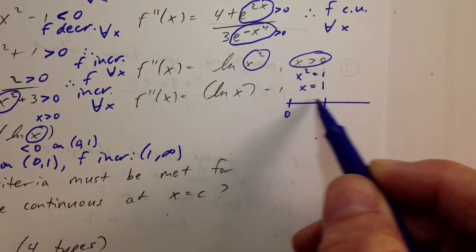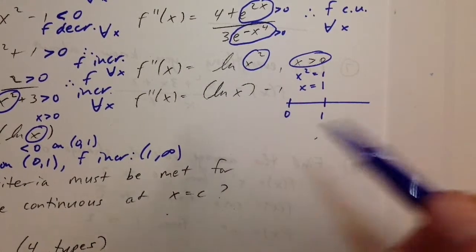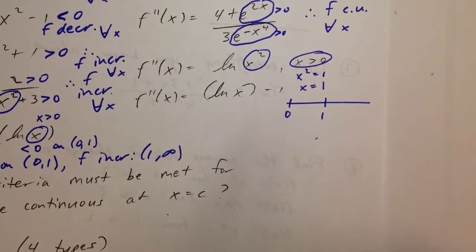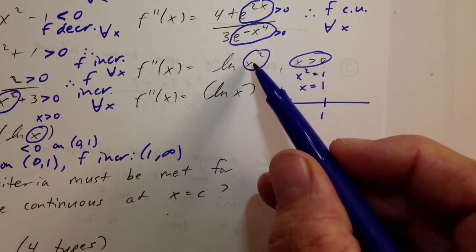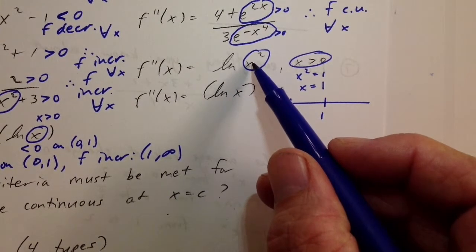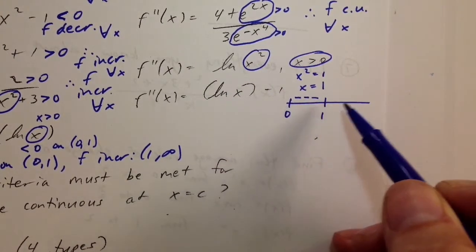If x is between 0 and 1, and I square that number, any fraction squared, like 1/2 squared is 1/4, 3/4 squared is 9 over 16, it's still going to be less than 1. So, in other words, if I replace x with a value that is between 0 and 1, ln of that number is going to be a negative number.